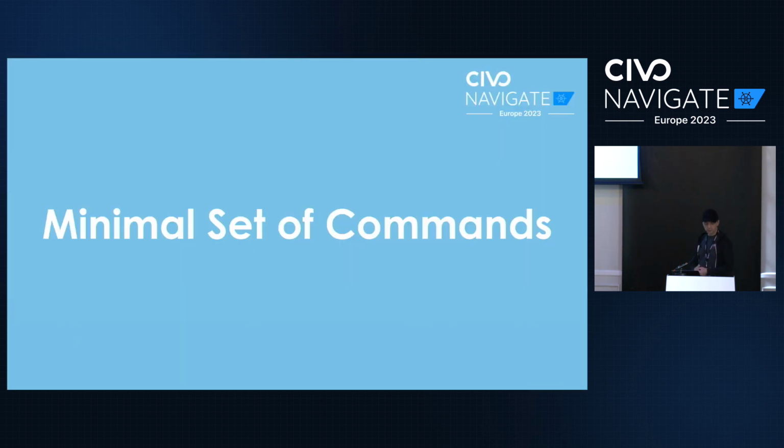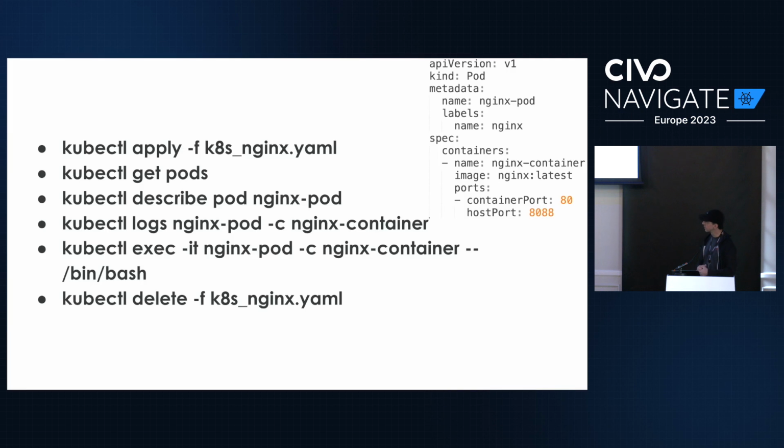Now, obviously, going over the whole command set in kubectl is going to take a long time, but there's a small subset of commands that people usually use. The most basic set is just creating an environment, checking the pods to make sure that they're running, and looking at the application to see that it's okay with the logs command and the exec command.